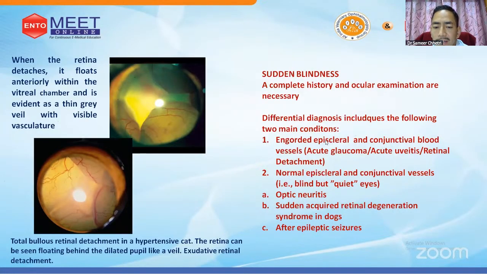The other condition we often see is optic neuritis. There is sudden acquired retinal degeneration syndrome in dogs, mostly seen in retrievers. After an epileptic seizure also, we find the animal goes blind.